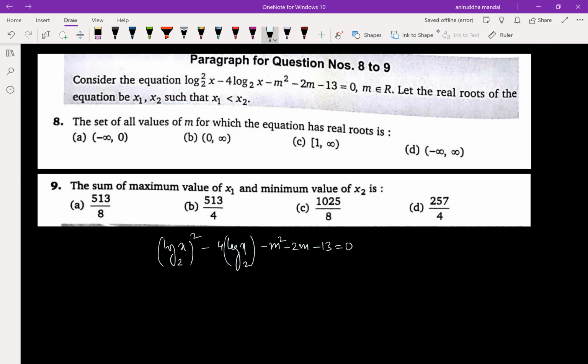It is given that the real roots are x1 and x2, where x1 is less than x2. We have to find all the values of m for which this equation has real roots. So let's say log x base 2 as a. So our equation becomes this.